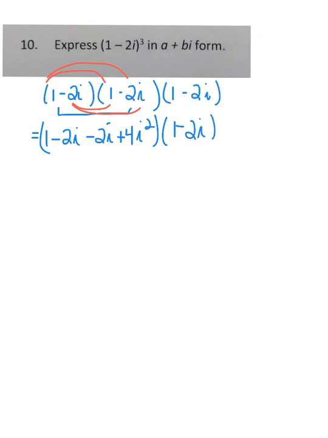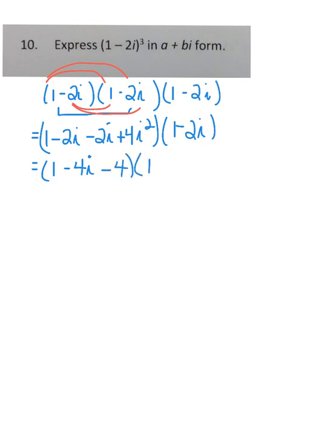So let's look at the left parentheses. Well, I know i squared is negative 1, so I'm going to have 1 minus 4i, and then i squared is negative 1, so that's 4 times negative 1, which will make that minus 4, right?